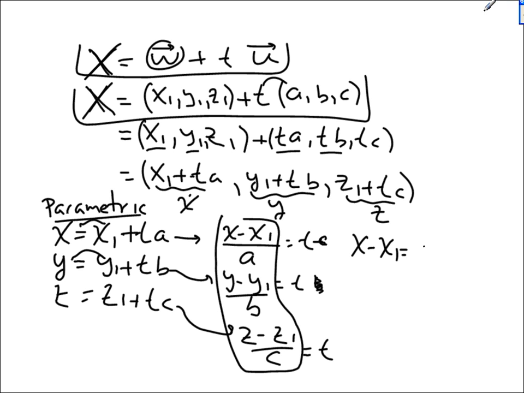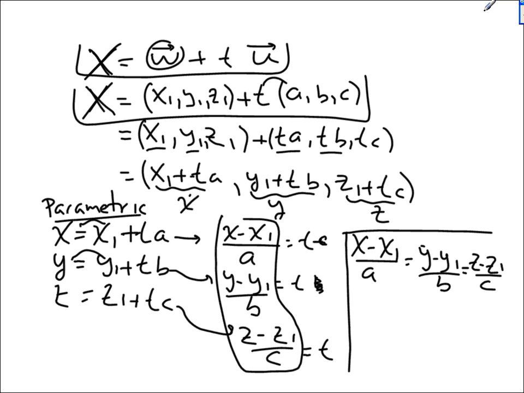x minus x1 over a equals y minus y1 over b, which in turn equals z minus z1 over c. This is yet another way of writing the line. This is called the symmetric equation for the line. What line?